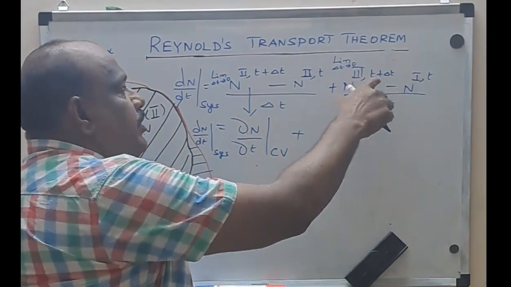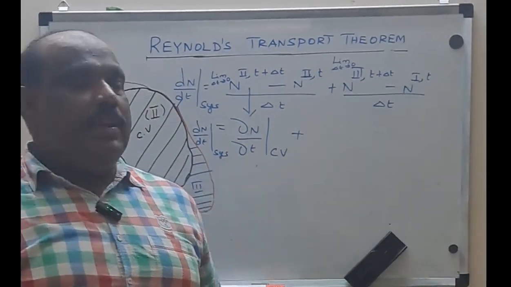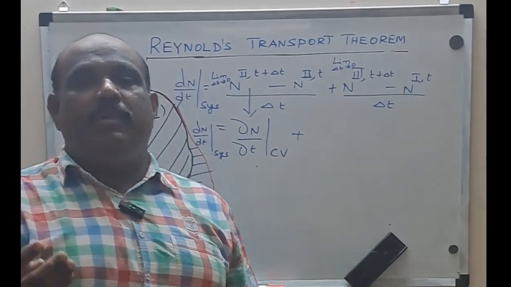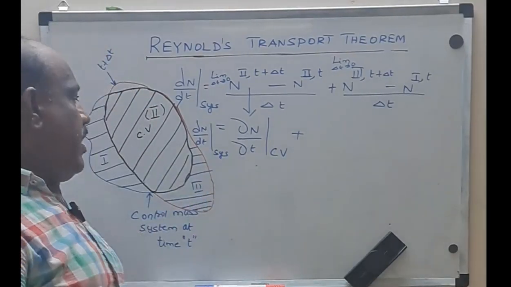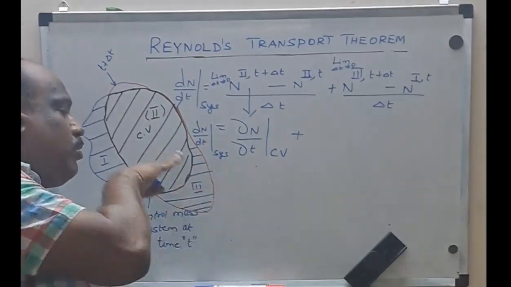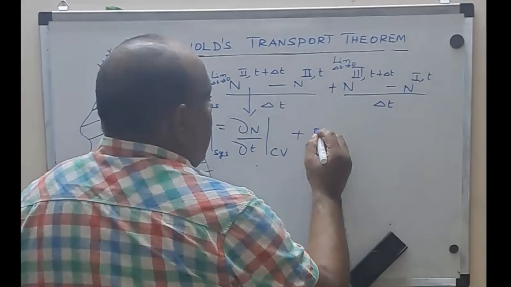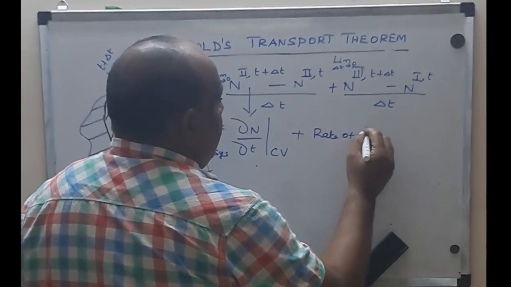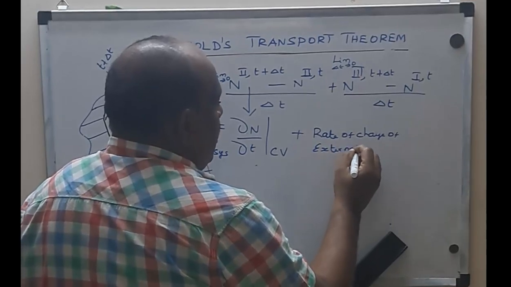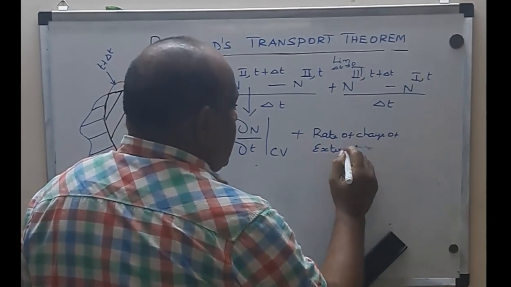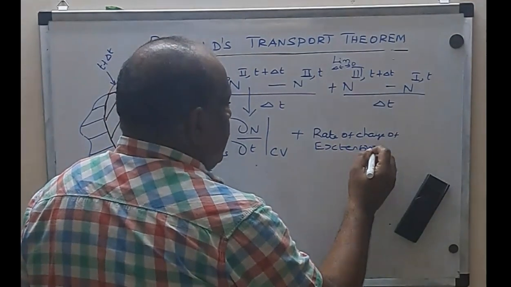What is this n of 3 at t plus delta t? What is, first of all, n? N is nothing but the extensive property. When the extensive property is divided by time, it is nothing but the rate of change of the extensive property. And what is n of 3? This is the domain which is coming out of the control volume. So I can tell this is the rate of change of extensive property.